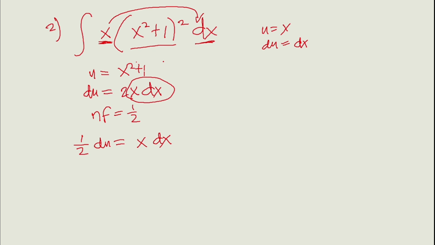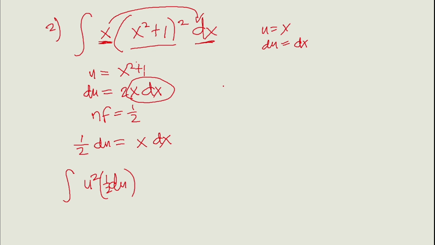Again, how do you choose u? You have to think first about the derivative, so that if possible we could support the other variable. So the integral of this part is u squared times x dx, which would have 1/2 du.